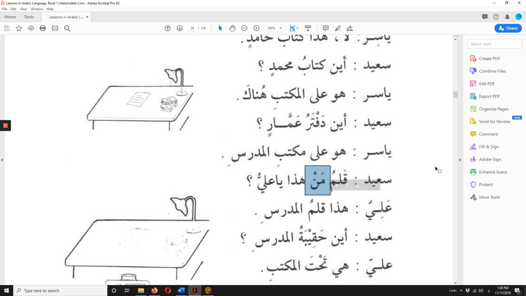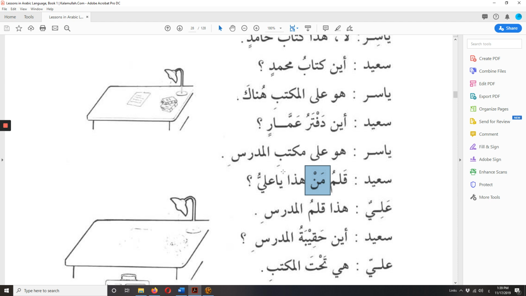But men is not a noun, not an ism. It's a particle, so its endings don't change. It doesn't take case endings, declension, or i'rab. It's what you call mubni or ghair munsarif. So it doesn't change. Qalam changes. Qalamu men. So whose pen, or the pen of whom.